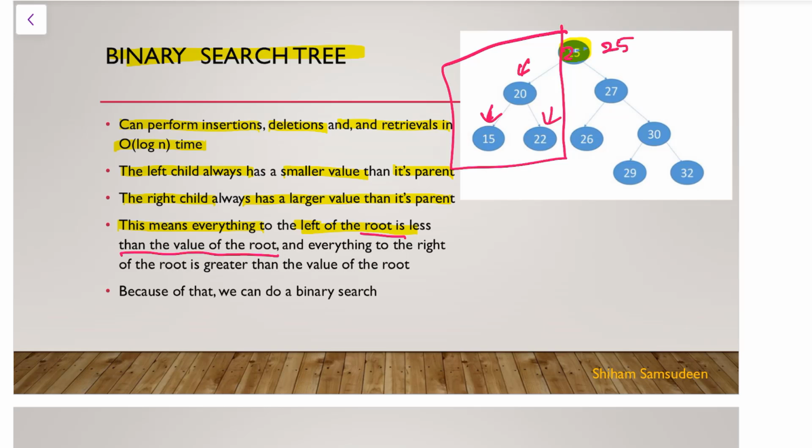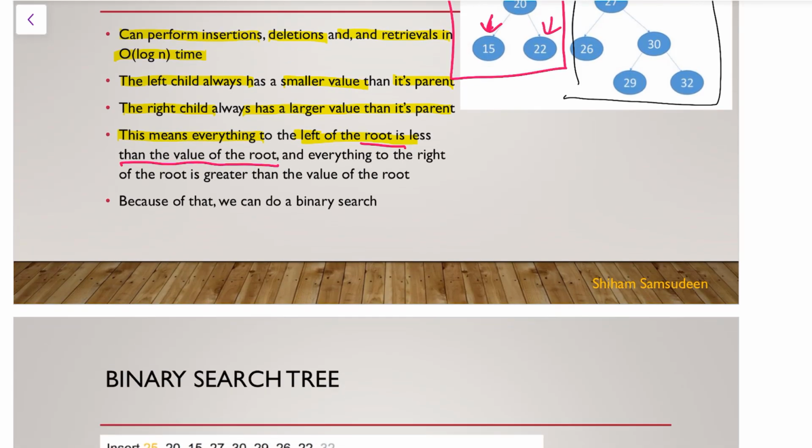All of the other ones, these, are greater than 25. So the left subtree is less than 25, the right subtree is greater than 25. Basically greater than the root. And everything to the right of the root is greater than the value of the root. That's what we explained there.